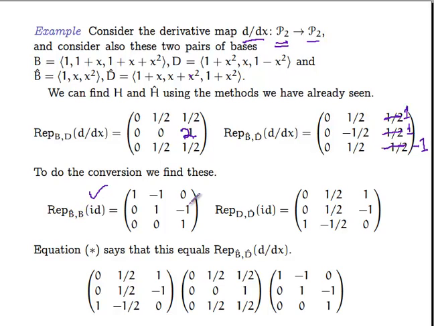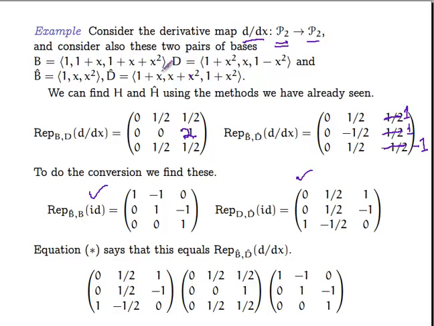Now we want the matrix representation from d to d hat. Now 1 plus x squared expressed in the d hat basis is 0, 0, 1. So that's correct. X expressed in the d hat basis looks like it's going to be 1, 1, minus 2.